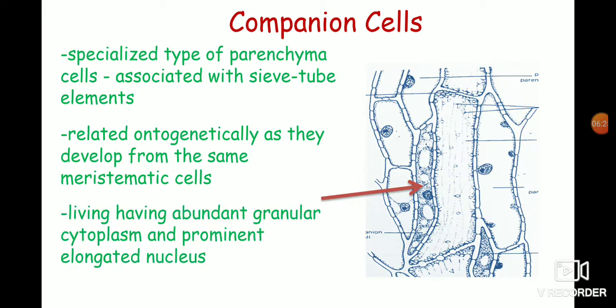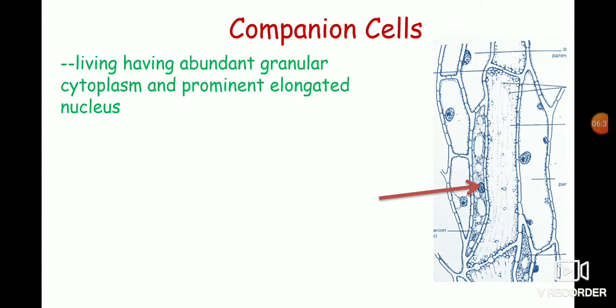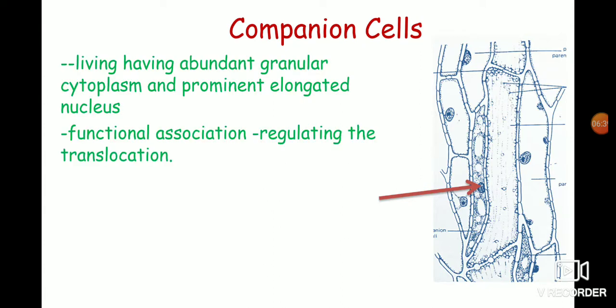The companion cells are living and they have an abundant cytoplasm and a prominent elongated nucleus. The companion cells have a functional association with the sieve tube elements, and they help in the regulation of the translocation.